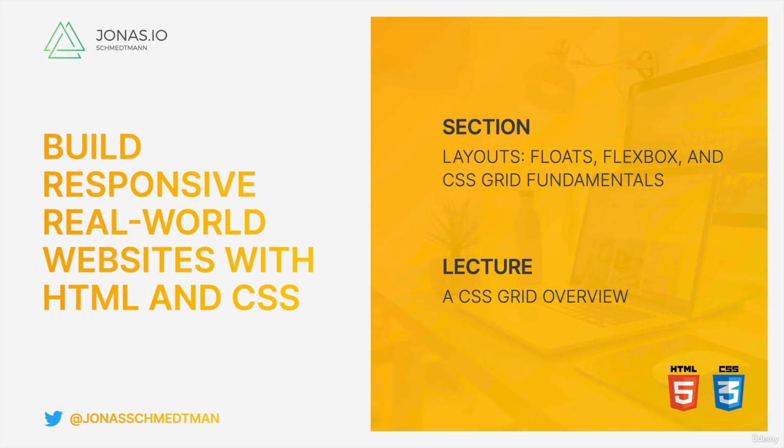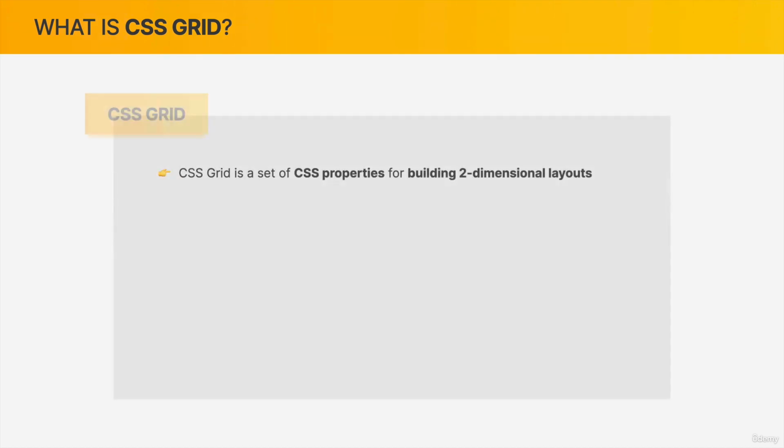Now that you know some of the fundamentals of CSS Grid in practice, let's now also learn some theory about it. And so just like with Flexbox, the first question that we ask is what actually is CSS Grid? And at the most basic level, CSS Grid is a set of CSS properties that web developers can use to build two-dimensional layouts.